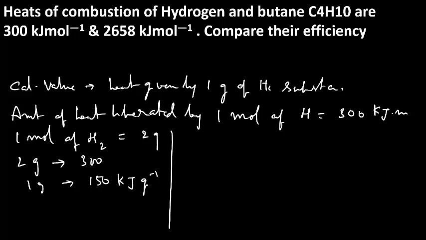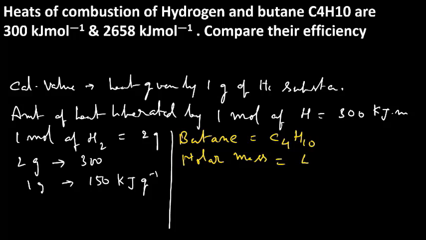Right. Now, what about butane? The molecular formula of butane is C4H10. What is the molar mass? Molar mass is 4 into the atomic weight of carbon, 12, plus 10 into 1, which is 48 plus 10, equal to 58 grams.